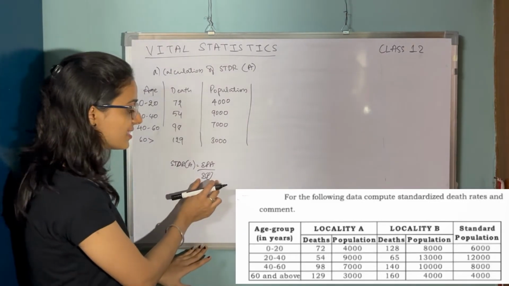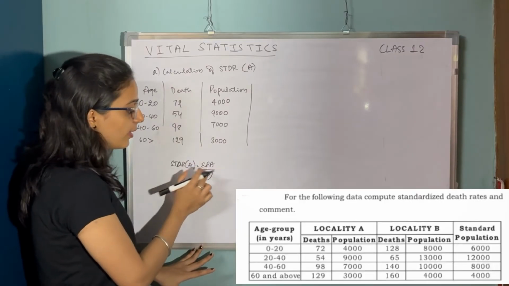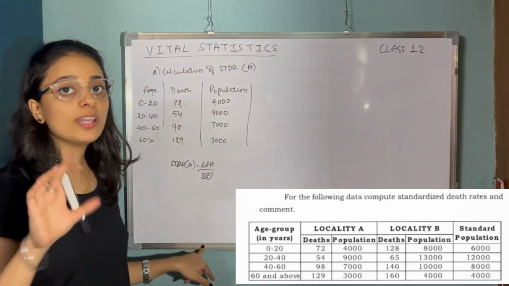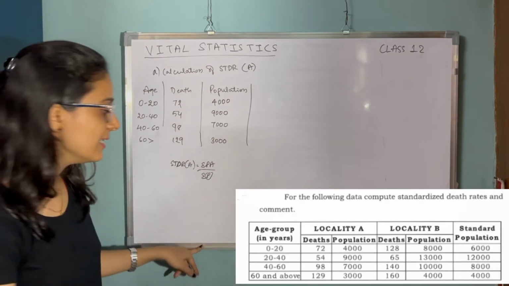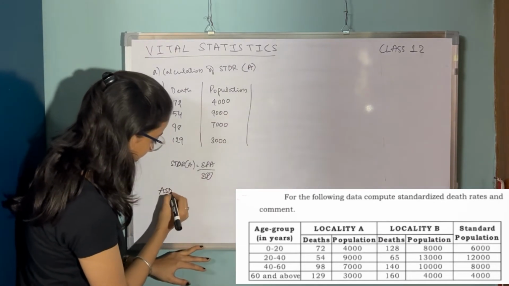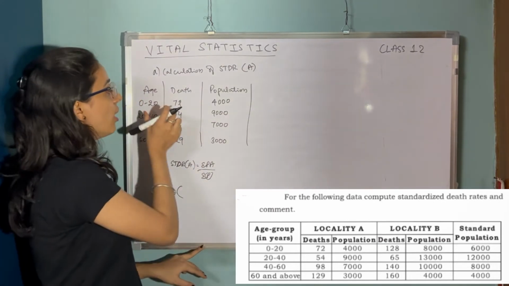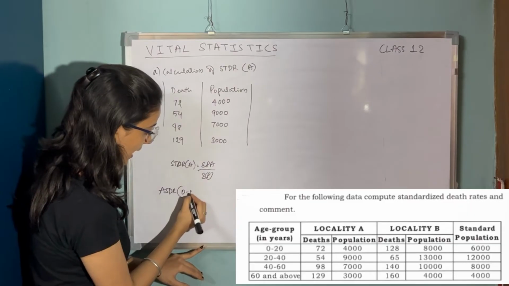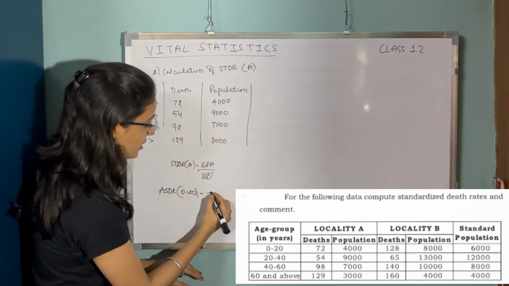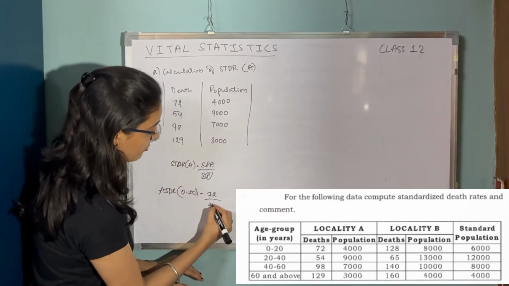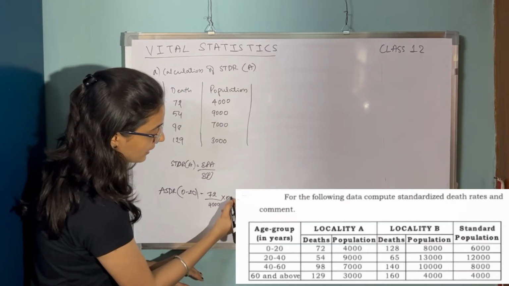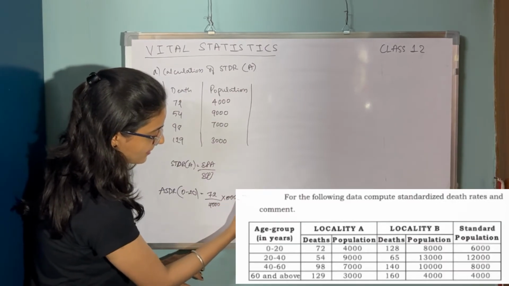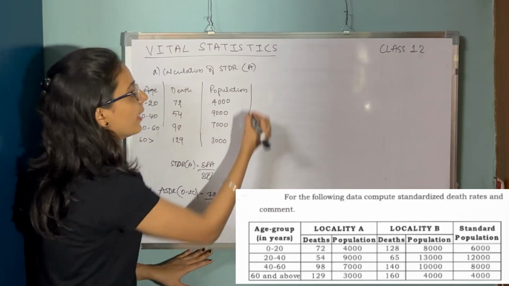We have to do just a summation of it. Here it's summation PA. What did I mention about A? A is ASDR, ASDR for a particular age group. Let's calculate for 0 to 20, which is 72 by 4000 into 1000, which comes to 18.